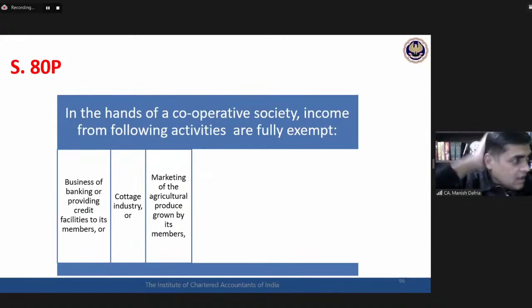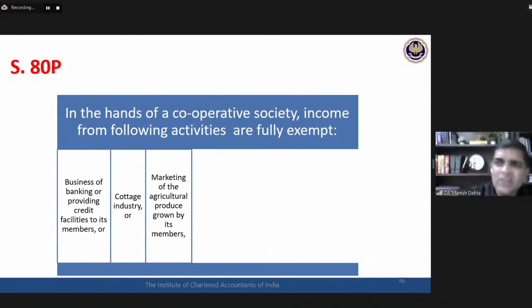Again, we have a query from Trivandrum with respect to credit facilities. Is income from Chitti Kuri's lowest bidded auction loan exempt from tax under section 80P? Padmanabhan, I am not exactly able to understand the kind of business you are talking about, but what I can say, if it's a business of providing credit facilities, in whatever manner you are providing credit facility, that is not material.